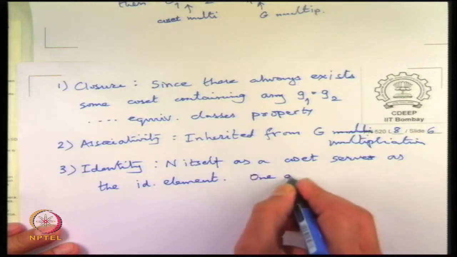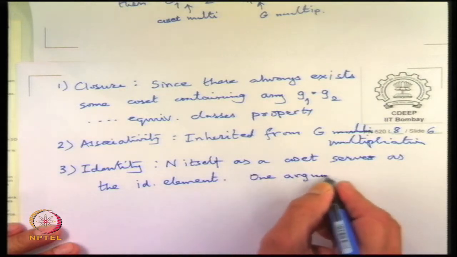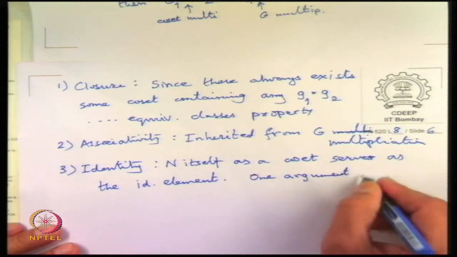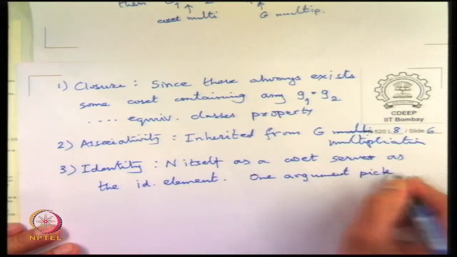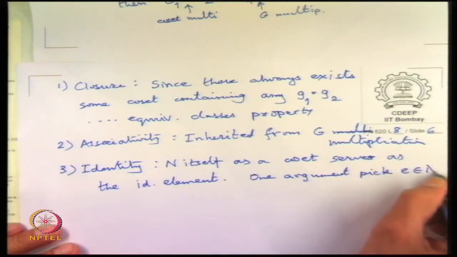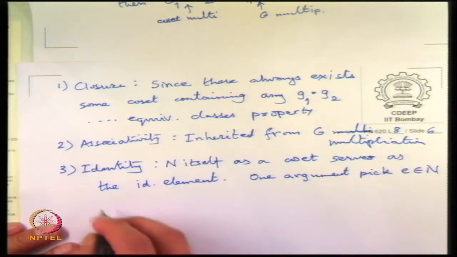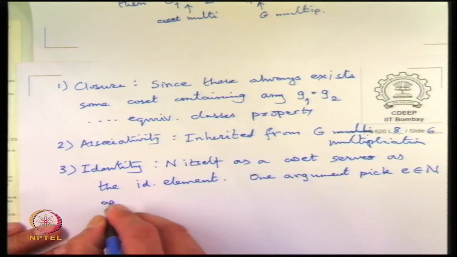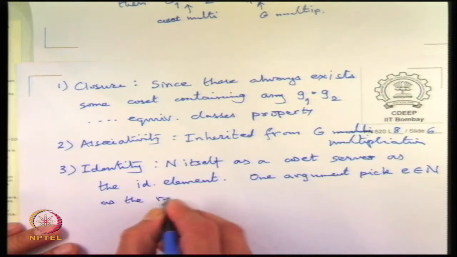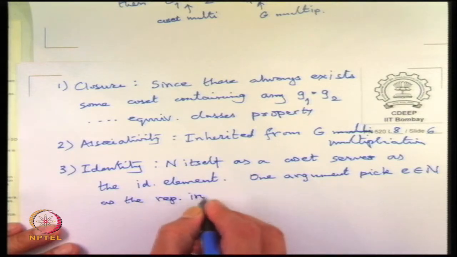One argument is to pick E, which always belongs to N, because N is a subgroup, so it has to contain E. So pick E belonging to N as the representative in all multiplications.